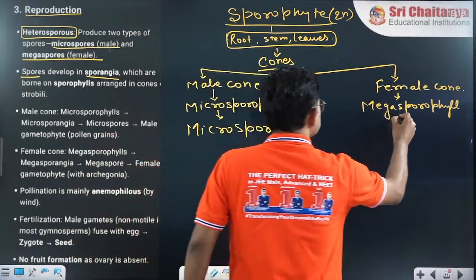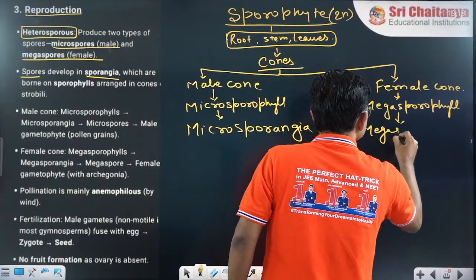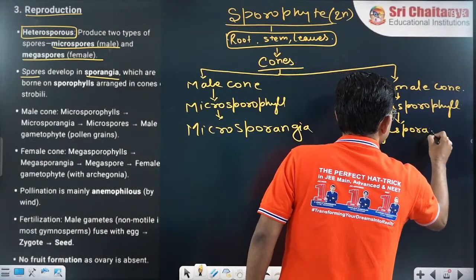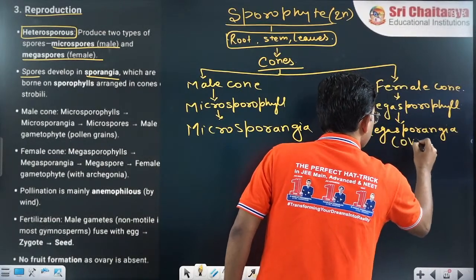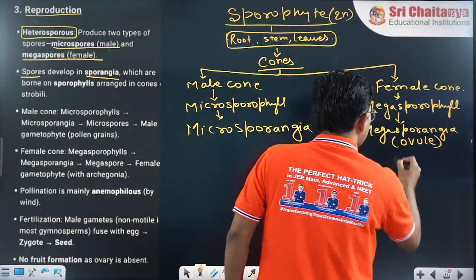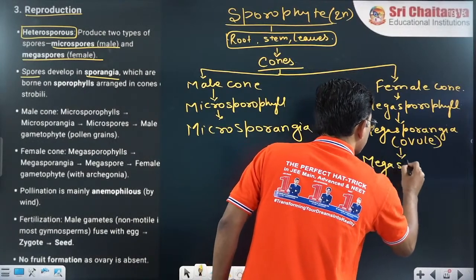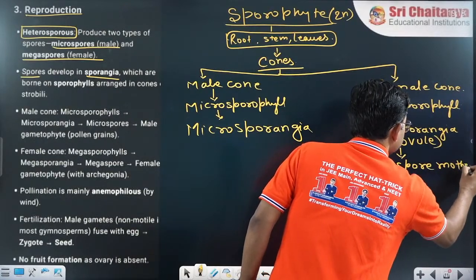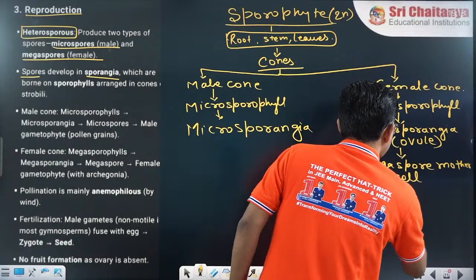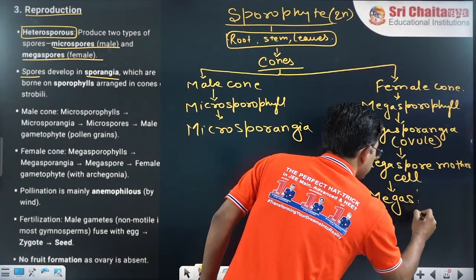Now, megasporophyll will have megasporangia. Now, this megasporangia is also called ovule. Inside the megasporangia will be the megaspore mother cell. This megaspore mother cell will undergo meiosis and form megaspore.